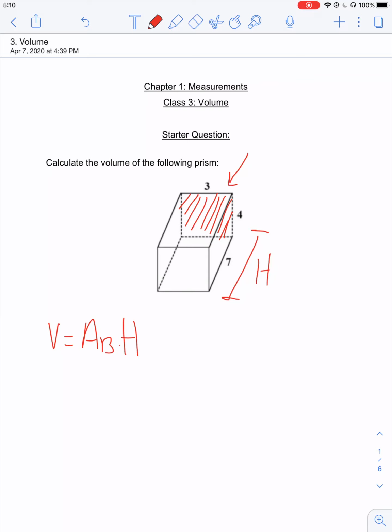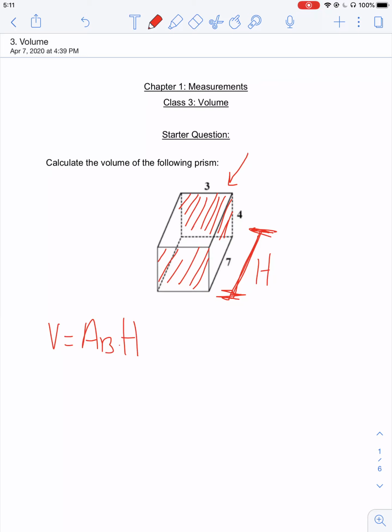And if this is my base, then height is always the difference between, so your base is always connected to your second base, right? So these two surfaces will always be connected with your height, okay? Whatever you pick your base to be, the height will always connect your two bases, okay?